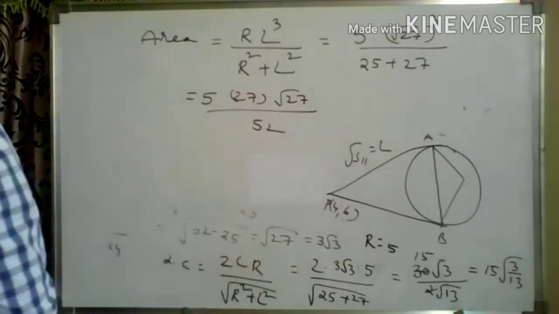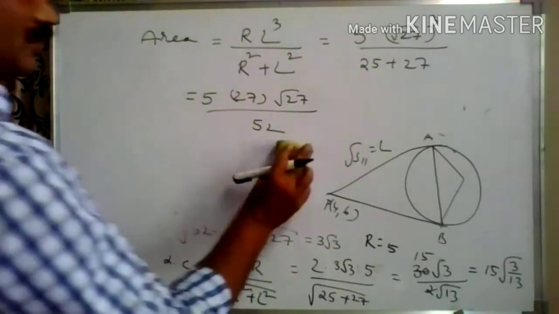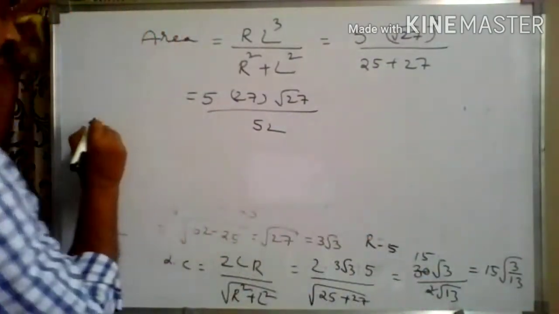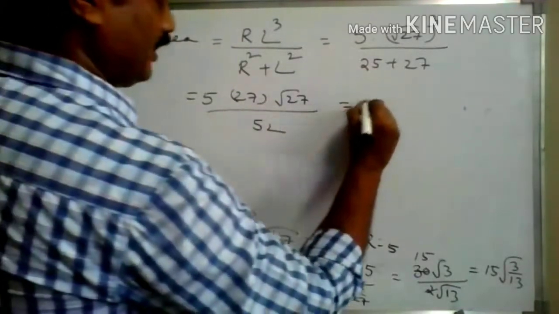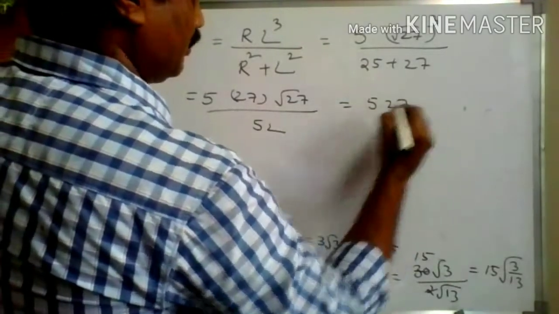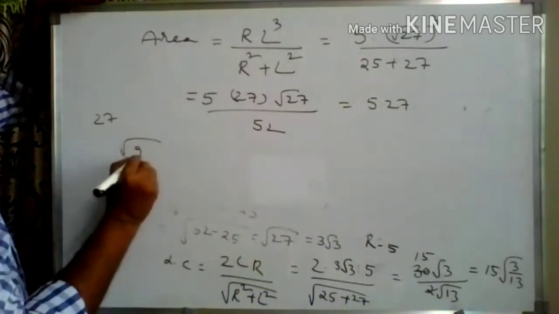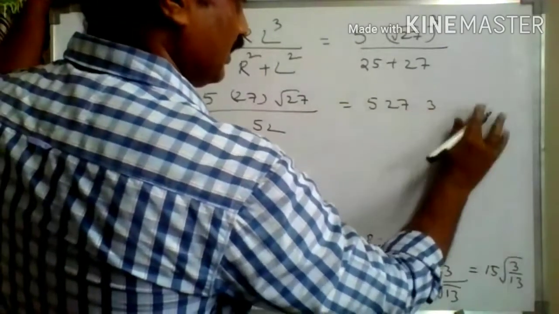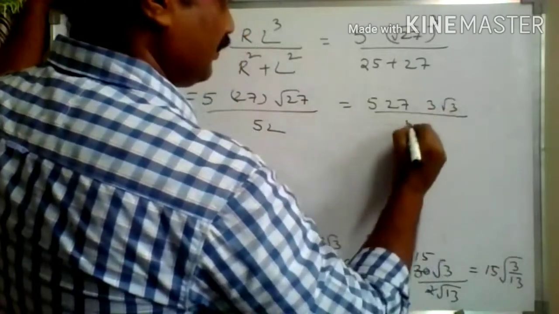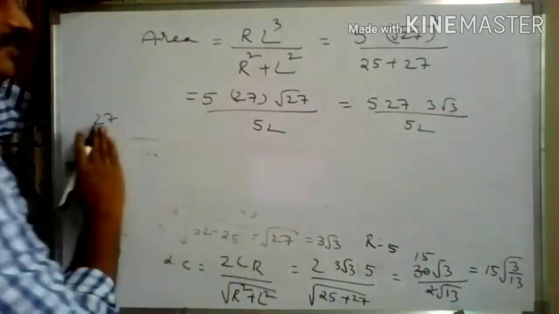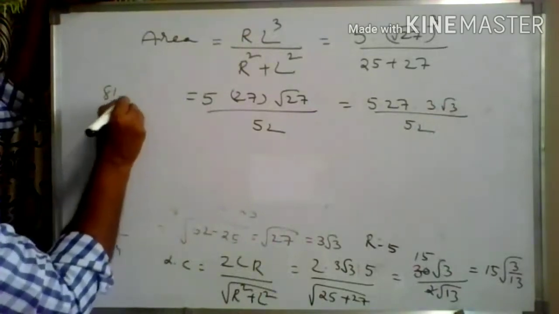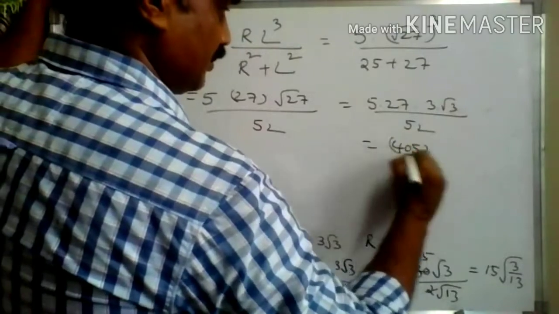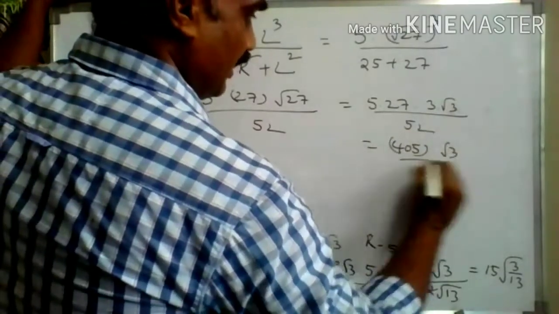Root 27 is 3 root 3, so 27 into 3 root 3 is 81 root 3, and 81 into 5 is 405. So the area is 405 root 3 by 52.